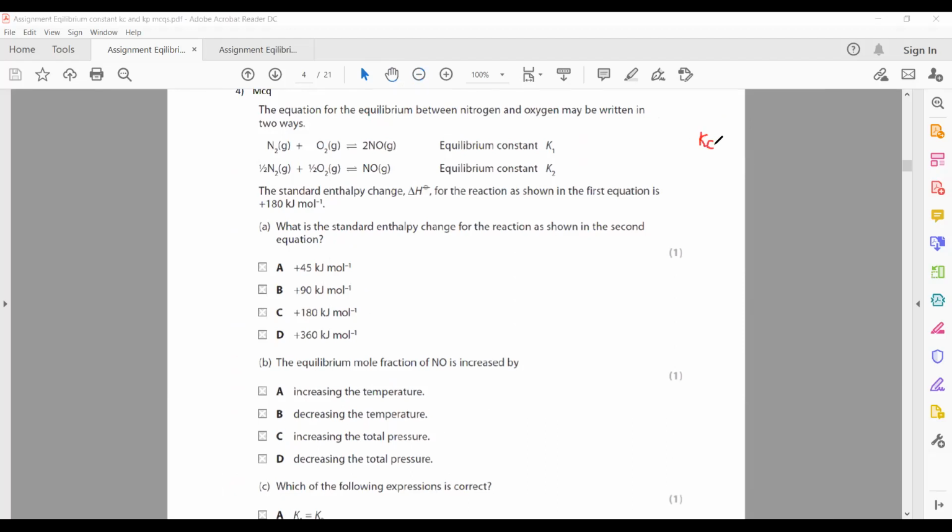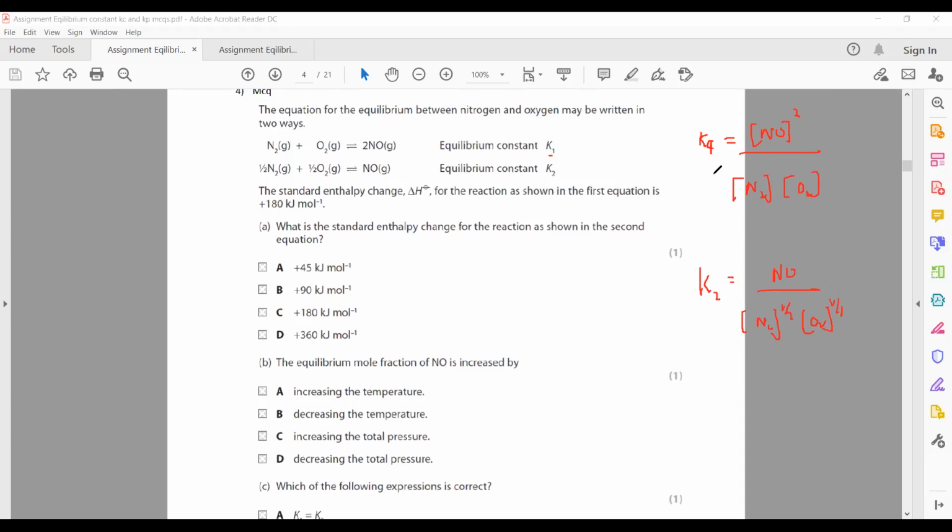When I write Kc for the first reaction, it is NO square divided by N2 concentration and O2 concentration. When I write for the second reaction, I will call this K2, because the first equilibrium constant is K1. So K2 is equal to NO divided by N2 raised to power half and O2 raised to power half.